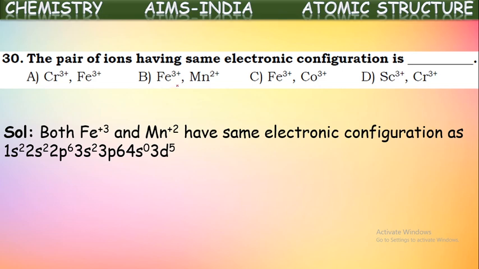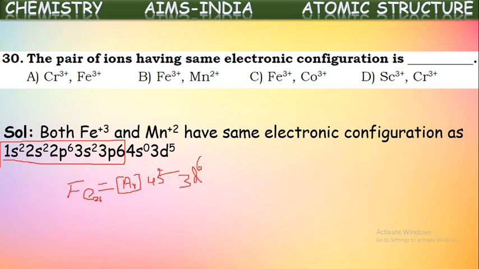For example, iron, with atomic number 26, can be written as argon 4s2 3d6. This is the electronic configuration of iron.